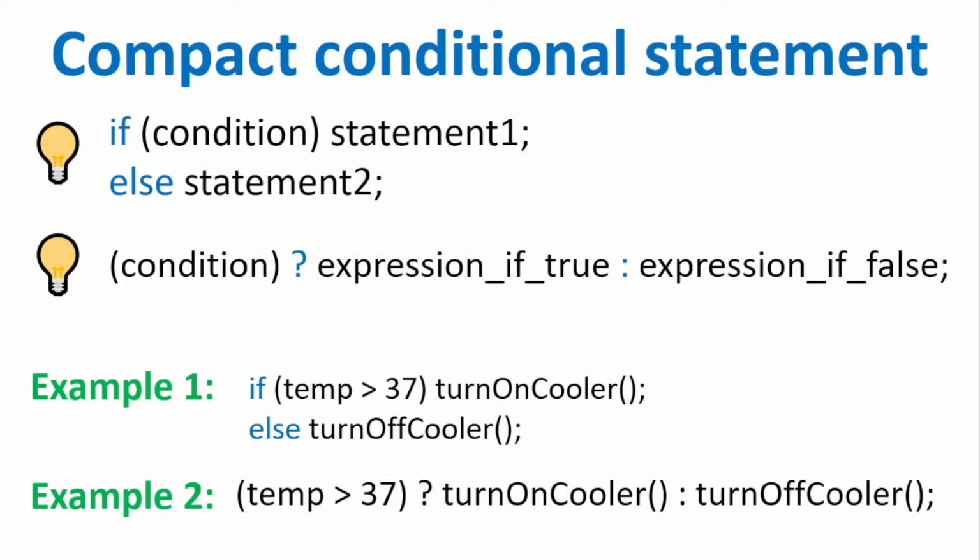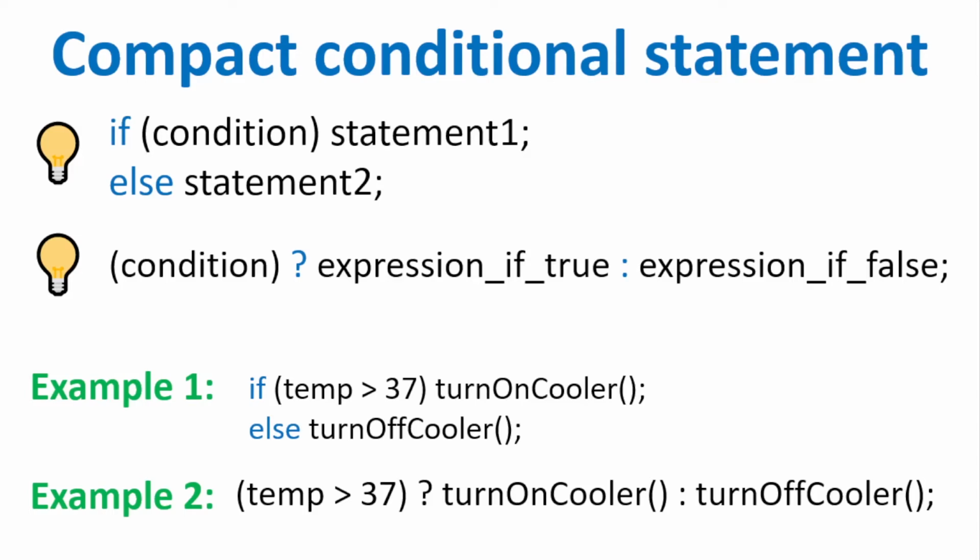But there are disadvantages of the ternary operator. Number one, readability issues with complex logic. When the condition is complex or the actions to be executed are lengthy, the ternary operator can make the code harder to understand and less readable. Number two, not ideal for multiple actions. The ternary operator is best for simple assignments or expressions.